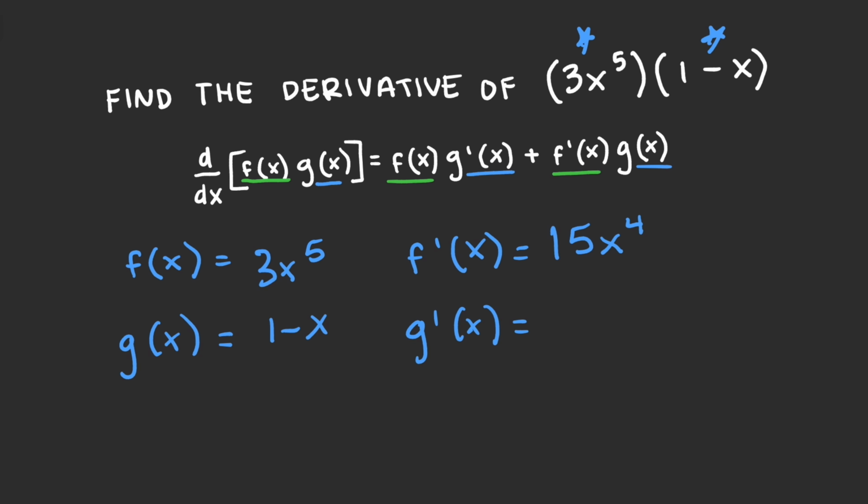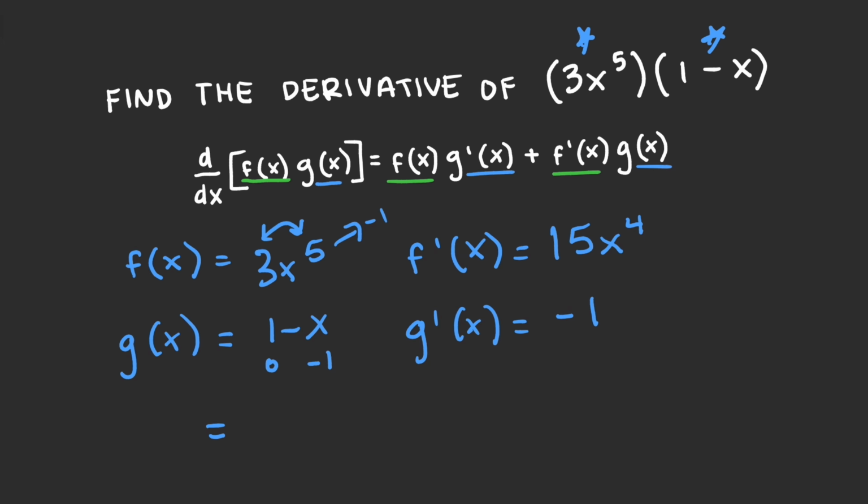If you're wondering how I got that, I just multiplied 3 times the 5 and subtracted 1 from the exponent. And the derivative of g of x, 1 minus x, would just be -1. If you're wondering why it's -1, not +1, it's because the derivative of 1 is just 0, but the derivative of -x is -1. So that would just leave -1 in case you got lost there.